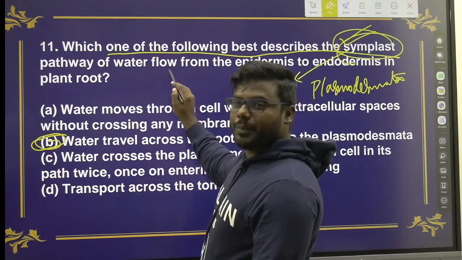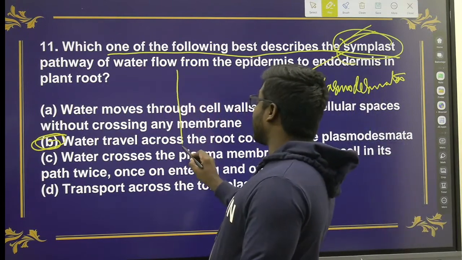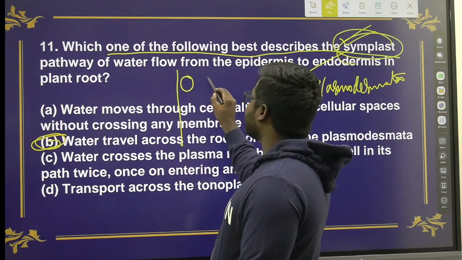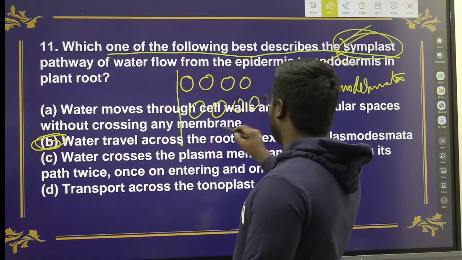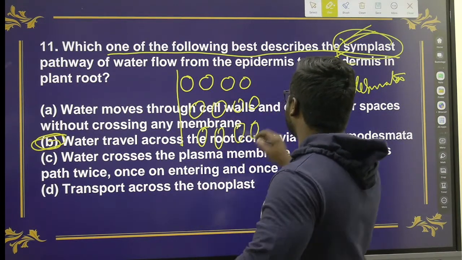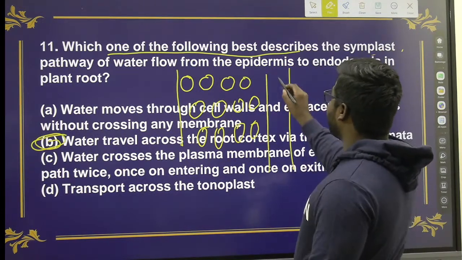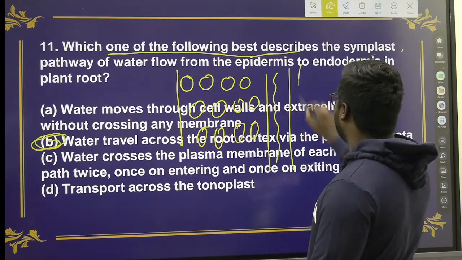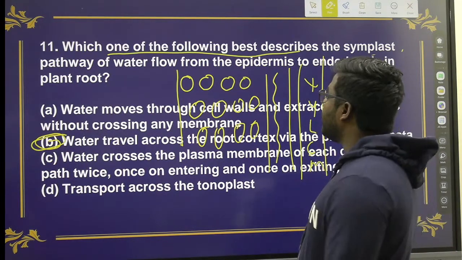Suppose, for example, all of you listen, look into the diagram very carefully. Suppose this is the cortex. These are all what cells? Cortical cells. Correct? And this is the endodermis. Endodermis contains the Casparian strip. Then finally this will be the xylem. How can the water move?